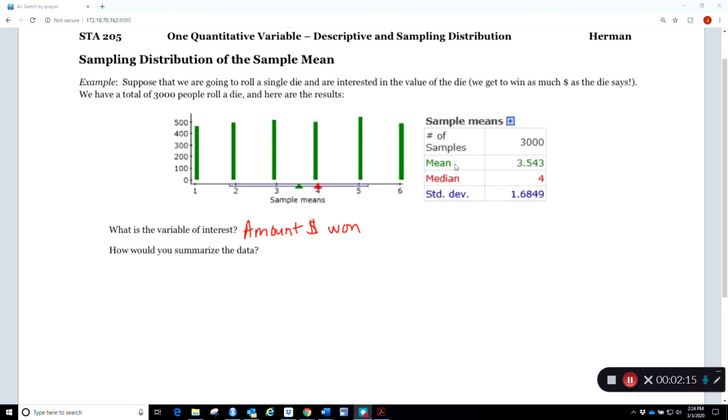We have the measures of center of our mean and median over here to be able to interpret, as well as our standard deviation. If you recall, when we're going to interpret standard deviation, I generally do my little number line thing where I start at the mean, which is our 3.543, and go out my standard deviation in either direction.